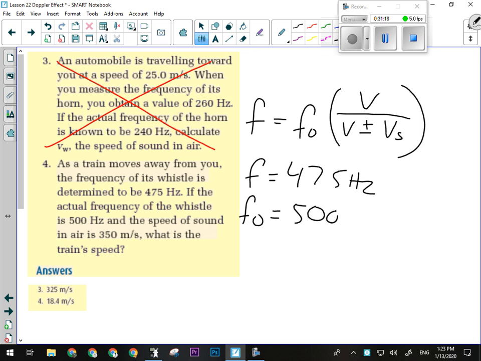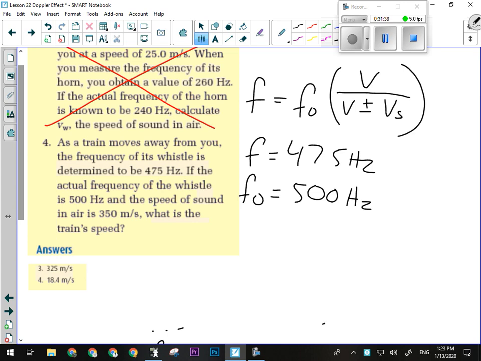If I was confused, would I be able to figure out which one was which? Yes, I would. An object moving away, I'm going to perceive a lower frequency. So if you're ever confused by the wording of the question, if you saw away, F is smaller than FO. And we know that the speed of sound in that air is 350 meters per second.